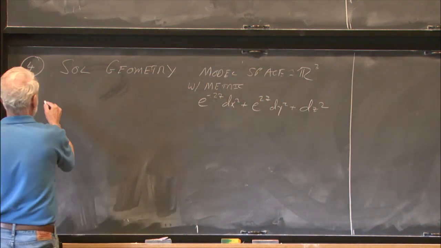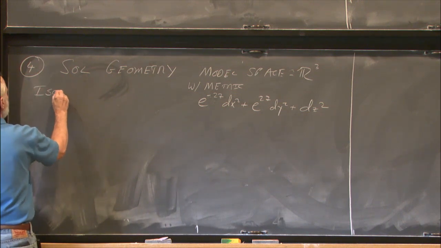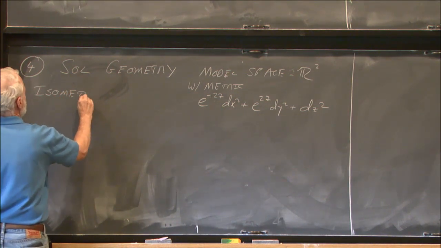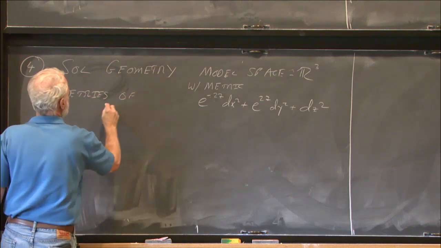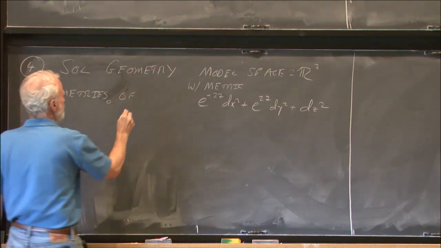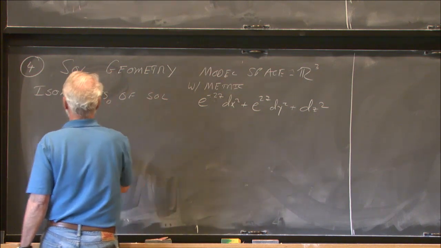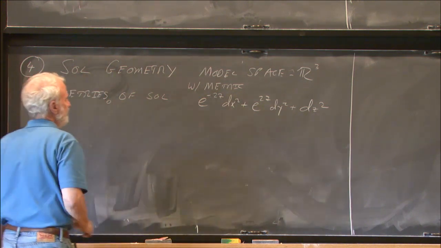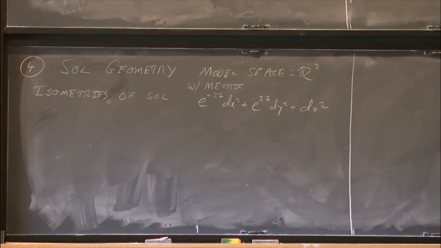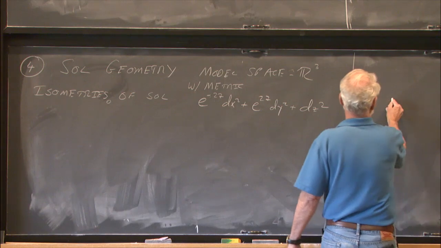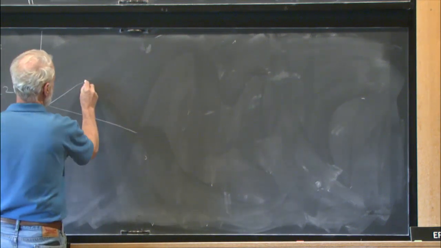And so, in particular, the isometries, at least the identity component here of Sol geometry, they correspond to things of two types. Let me draw a picture over here. So what does this look like? We have these planes. If you fix z, you notice that you have just a Euclidean metric on any horizontal plane here.